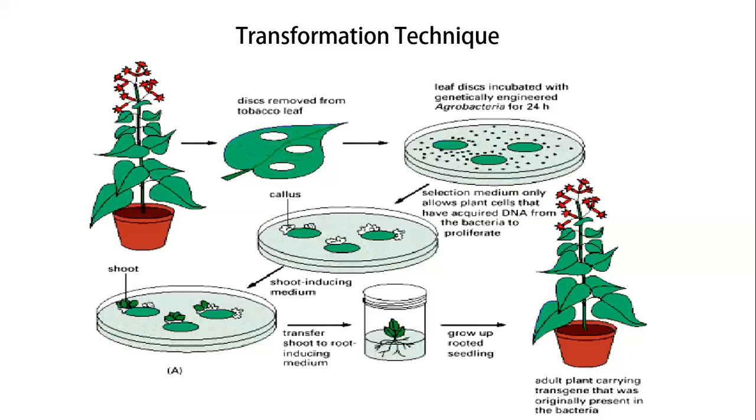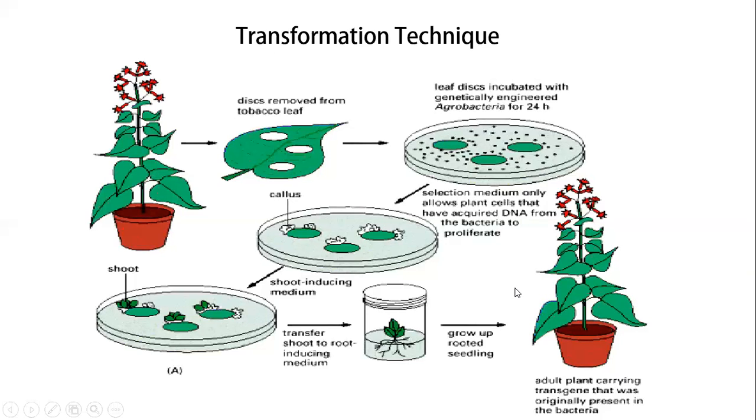For example, if we use callus, the calli are generally not wounded, so we have to use some chemical phenolic compounds for this purpose. So basically the leaf disc method is the best technique.